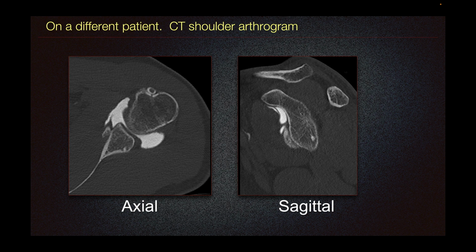This is on a different patient who underwent CT shoulder arthrogram. Here on our axial imaging, we can see this displaced osseous Bankart right here. On our sagittal CT, we can again see this displaced osseous Bankart, which is displaced anterior inferiorly.